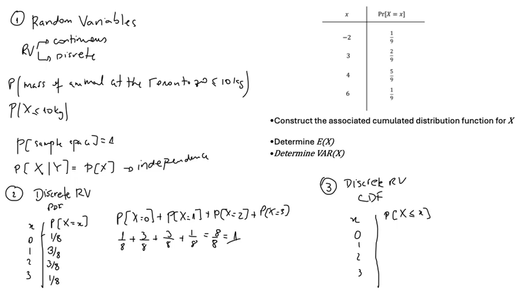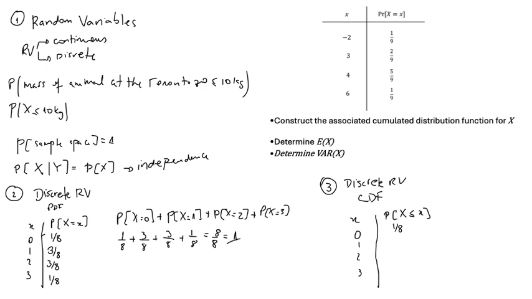You find it in the PDF. If you look at the PDF here, you will see that the probability of your variable being 0 is 1/8. I don't have anything less than 0, so it's just 1/8. And this is the first property of the CDF: the first row is always equal to the first row of the PDF. You will always see it that way.